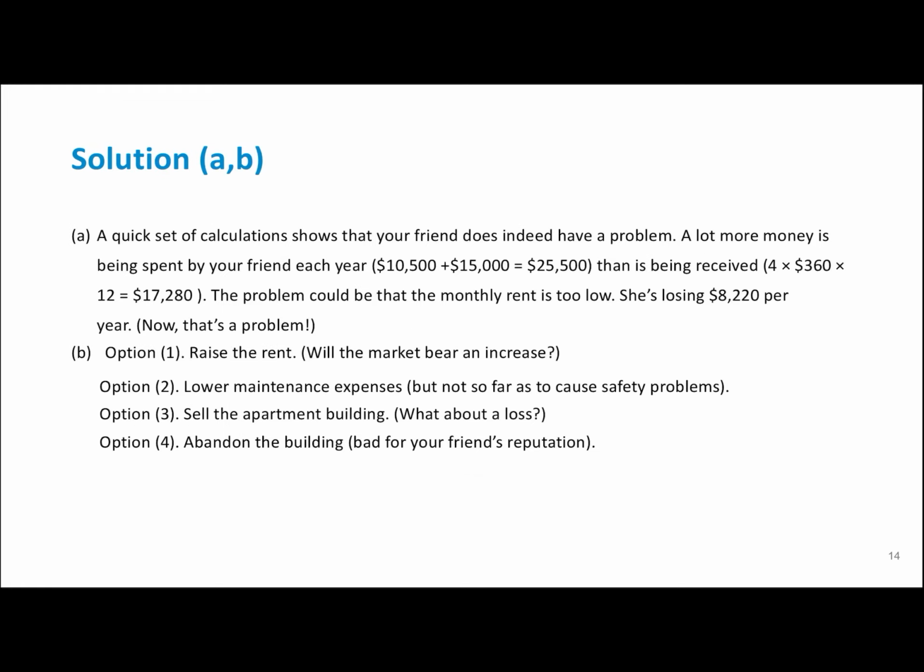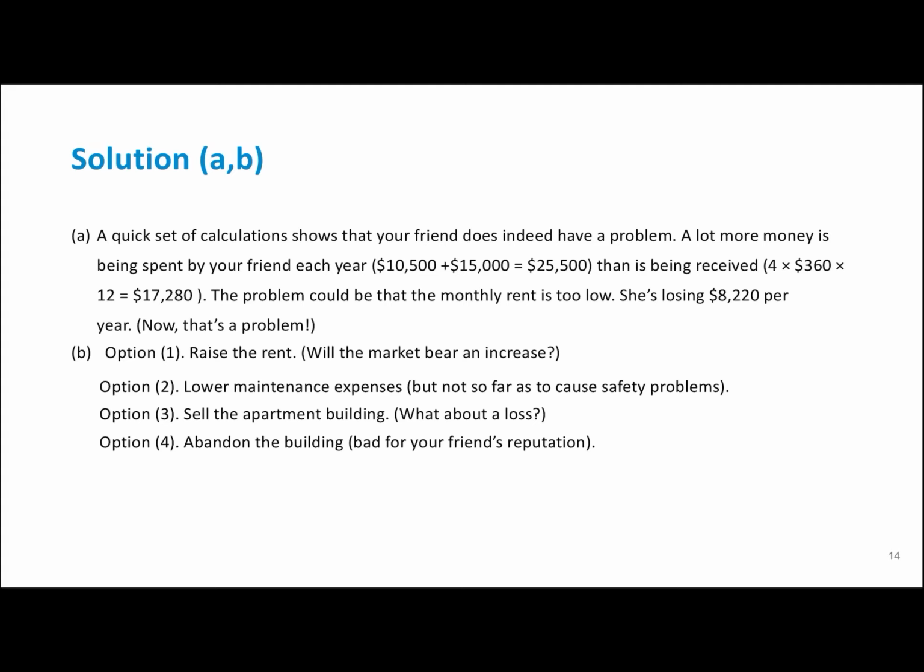Let's see the solution. First, a quick set of calculations shows that your friend does indeed have a problem. Why? A lot more money is being spent by your friend each year. She spends 10,500 plus 15,000, which is $25,500.